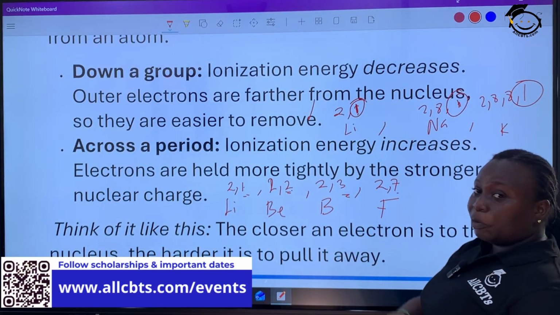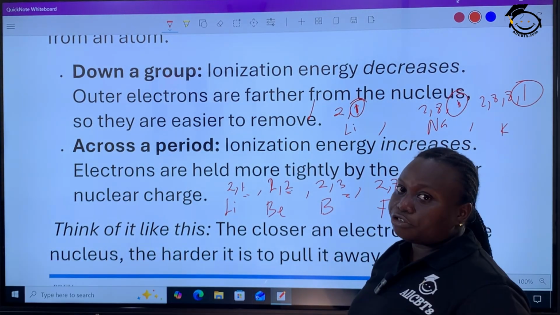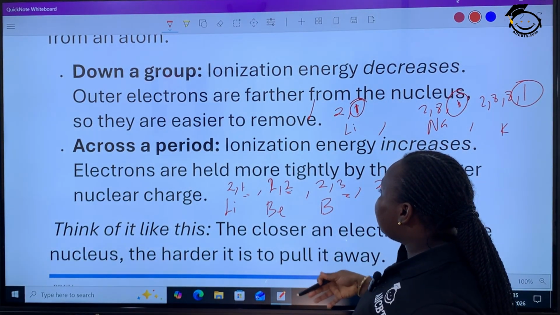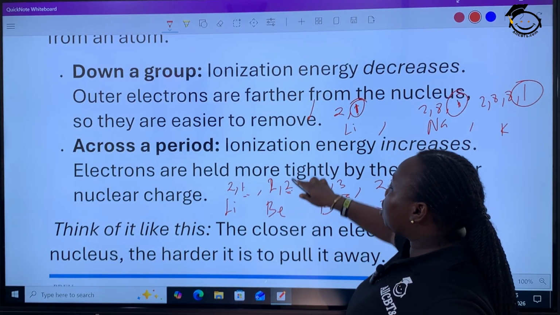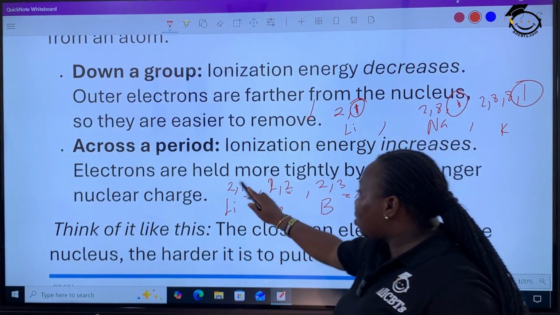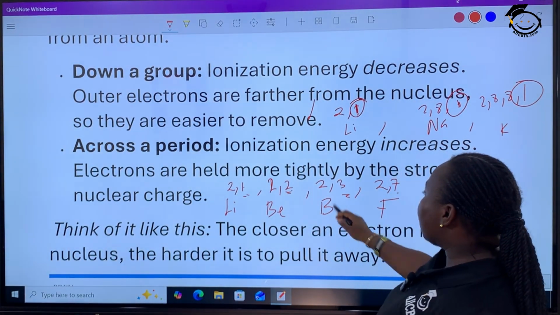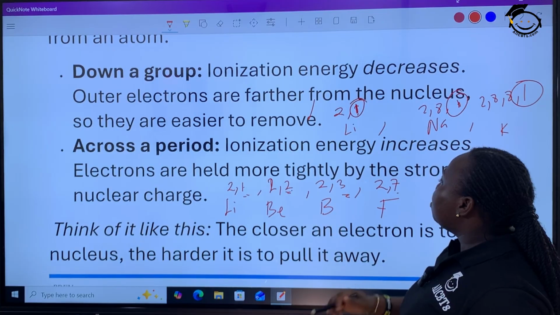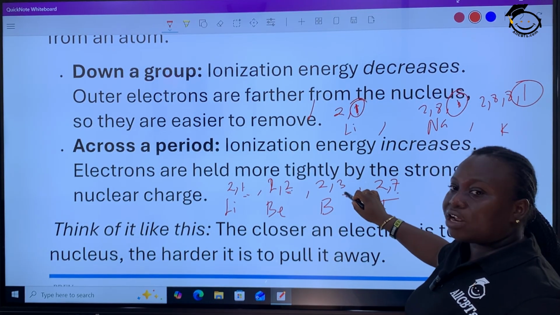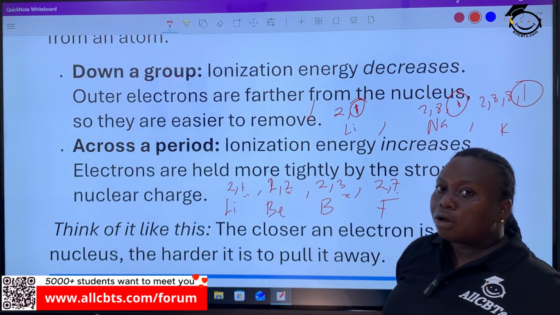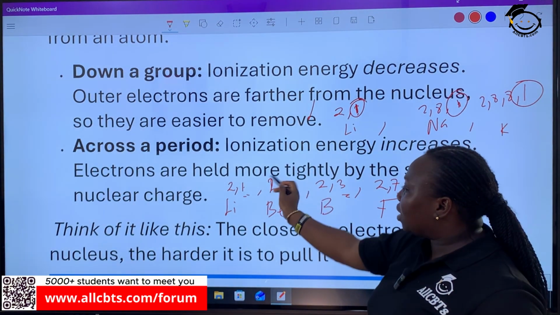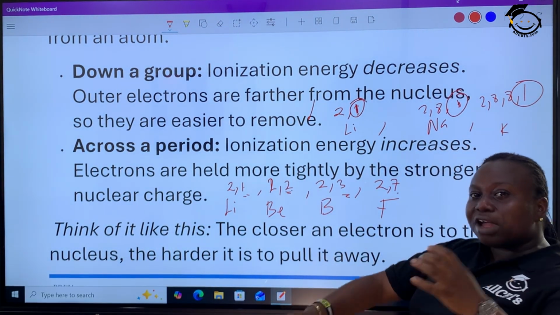Let's look at beryllium. We have two outermost electrons. The energy needed to remove these two will be more than for this one, but not so much at the end of the day. Let's look at boron. We have three here. The energy to remove these three outermost electrons will be significantly more than for these two, but still not very great.